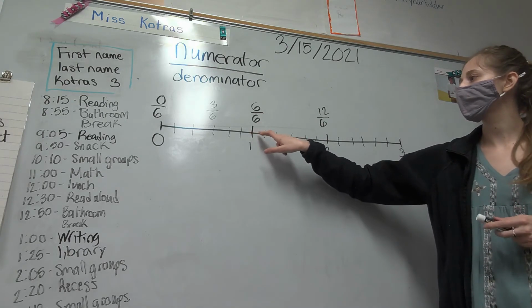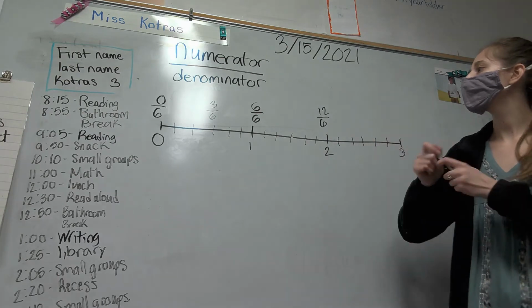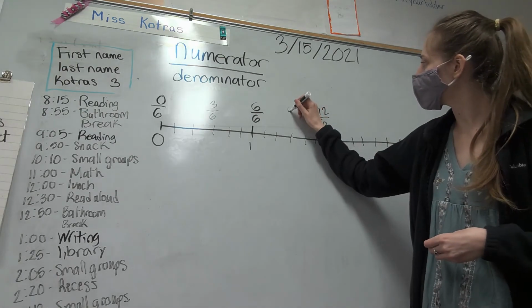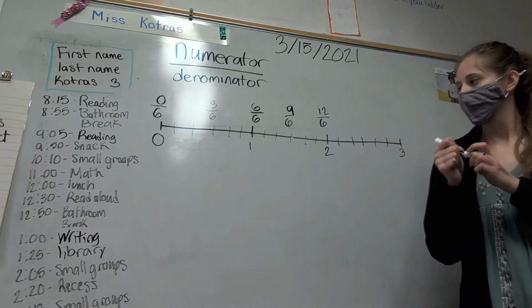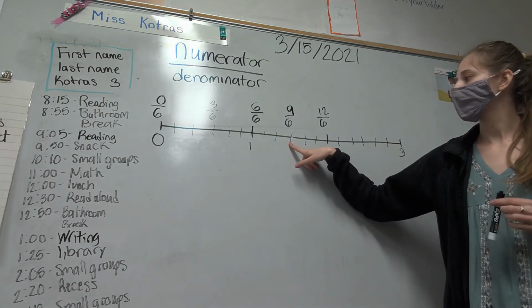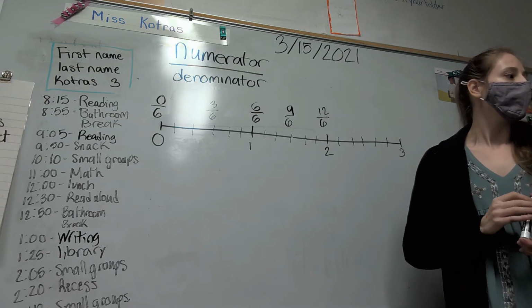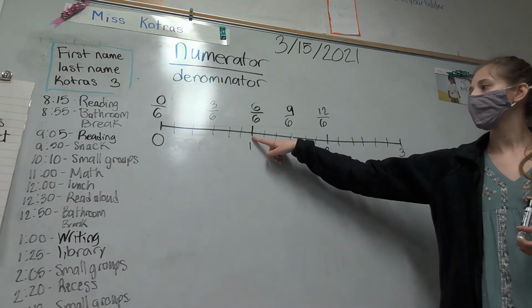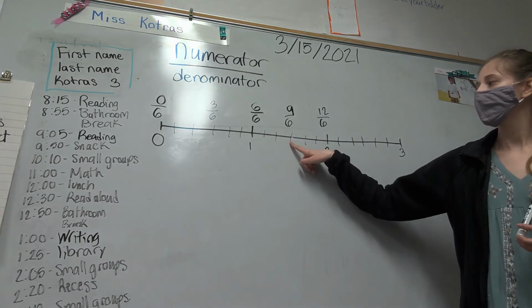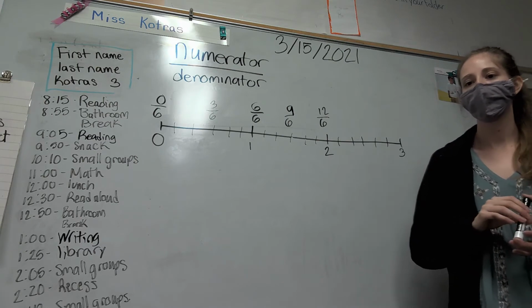We have 6/6, 7/6, 8/6, 9/6. So my 9/6 goes 1, 2, 3 lines after 6/6. So we counted 6/6, 7, 8, 9/6.